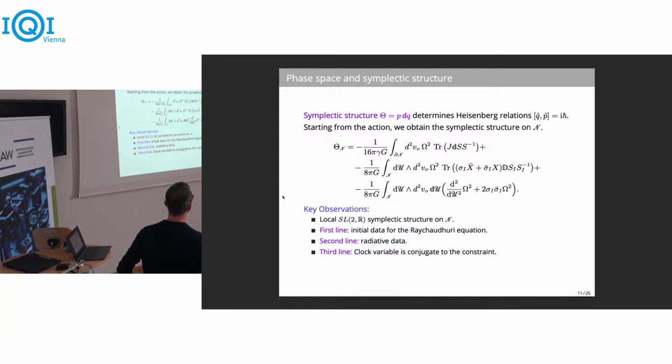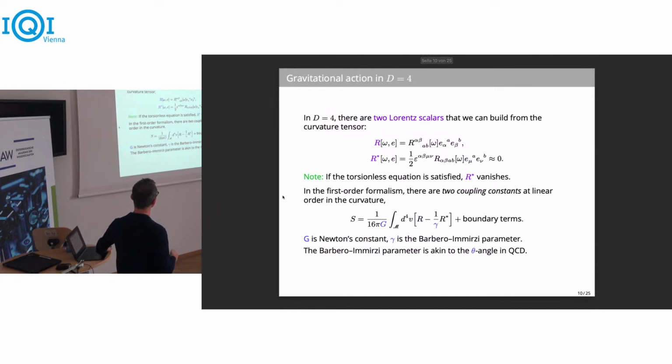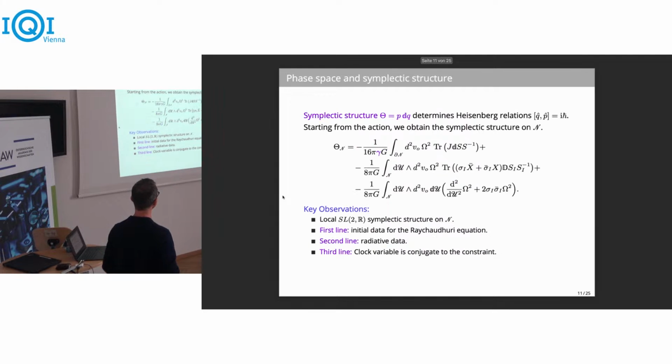Other authors would just write delta for variation. What is important here is that we need the symplectic structure because it gives us, at the quantum level, the algebra of observables. And starting from the action we chose, this gamma action that contains the so-called Barbero-Immirzi parameter, we obtain the symplectic structure on this null strip.